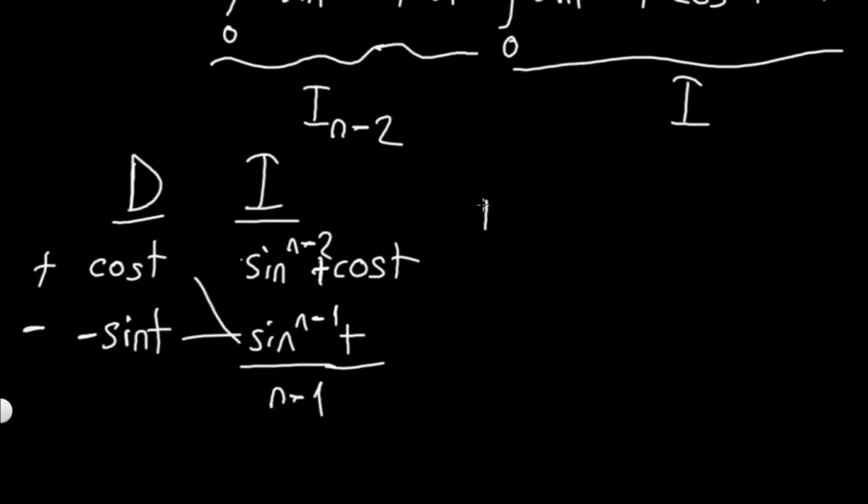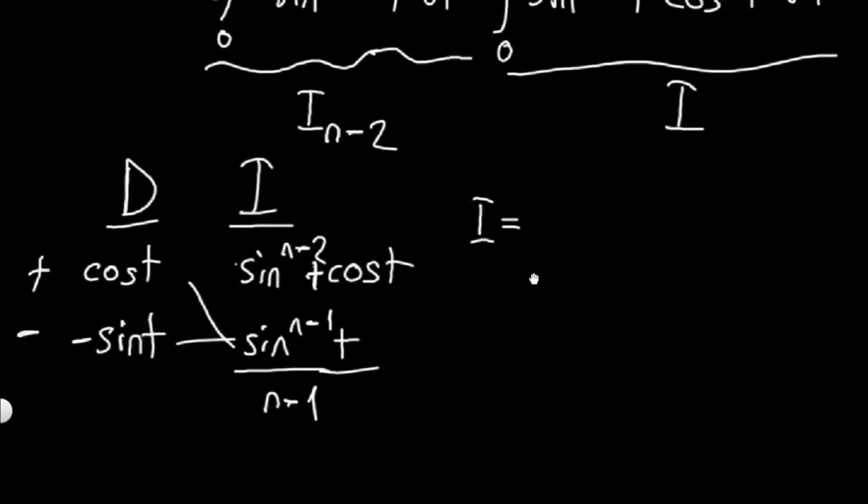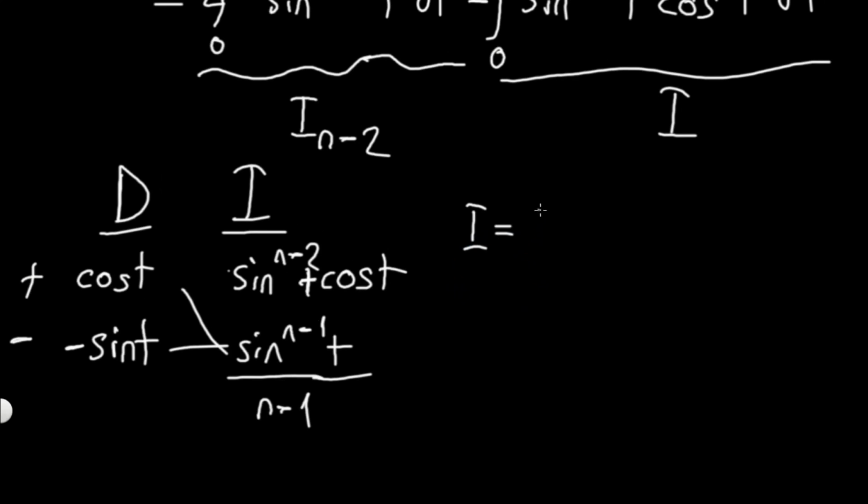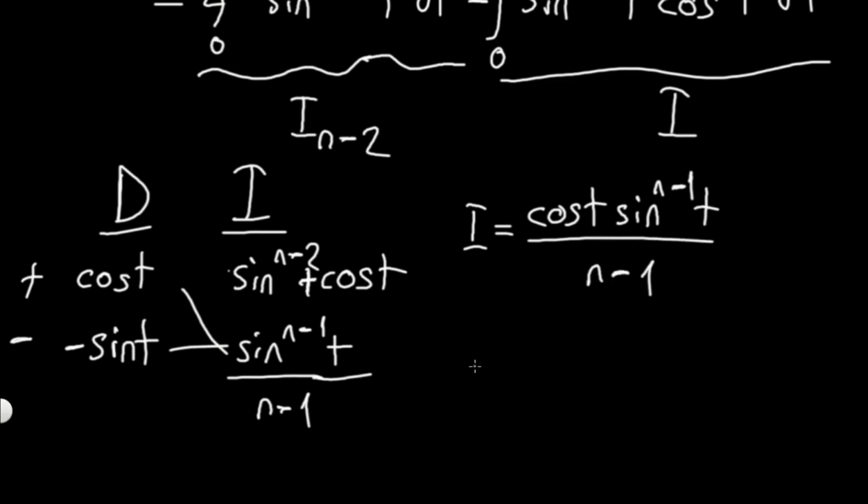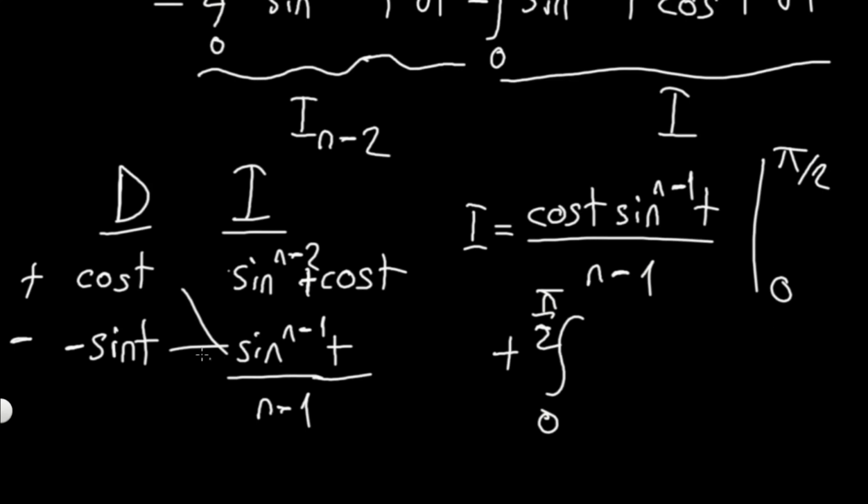So this integral will be cosine t times sine to the n minus 1 t over n minus 1, plus the integral from 0 to pi over 2, also evaluated from pi over 2 to 0, of course.